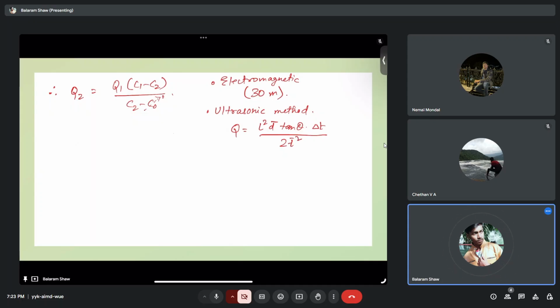With this we can get the discharge, where del T is the difference between the time of sending the pulse from one point to the bed, and then the pulse reflecting back from the bed to the sensor. The difference of time in that is called del T. That also we can calculate using the simple speed equals distance by time method.